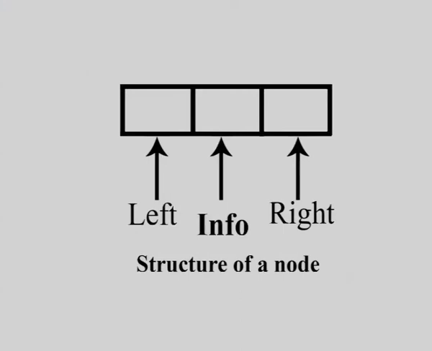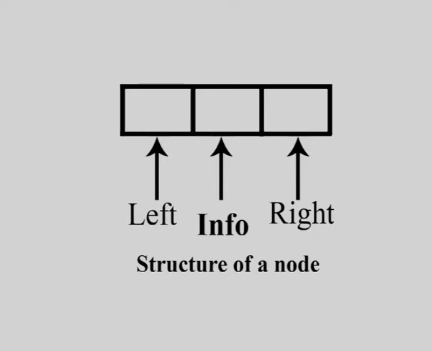Linked list representation of binary tree is the most common method to represent the binary tree in memory. In this representation, each element of the tree is stored in a node having at least 3 parts. The figure shows the structure of the node used to represent the binary tree in computer memory.